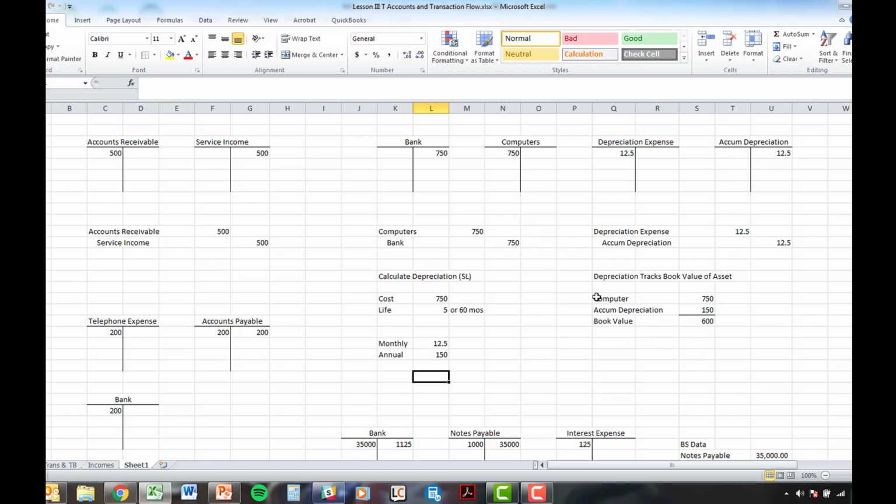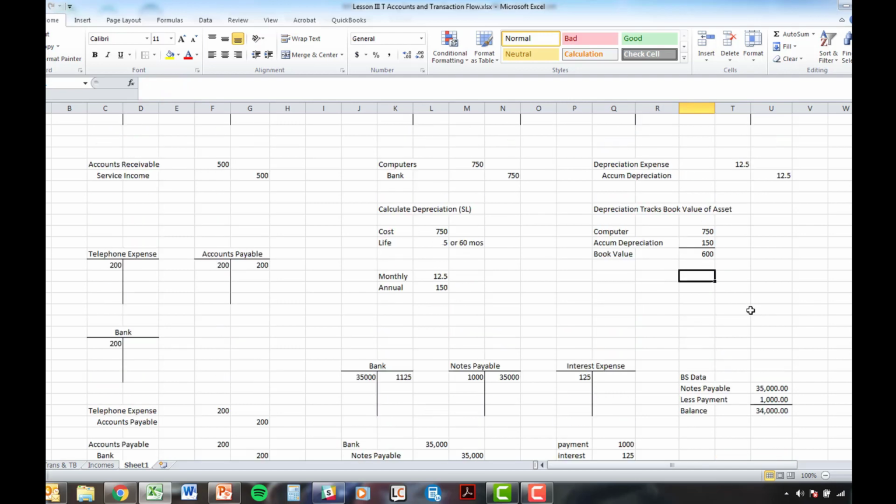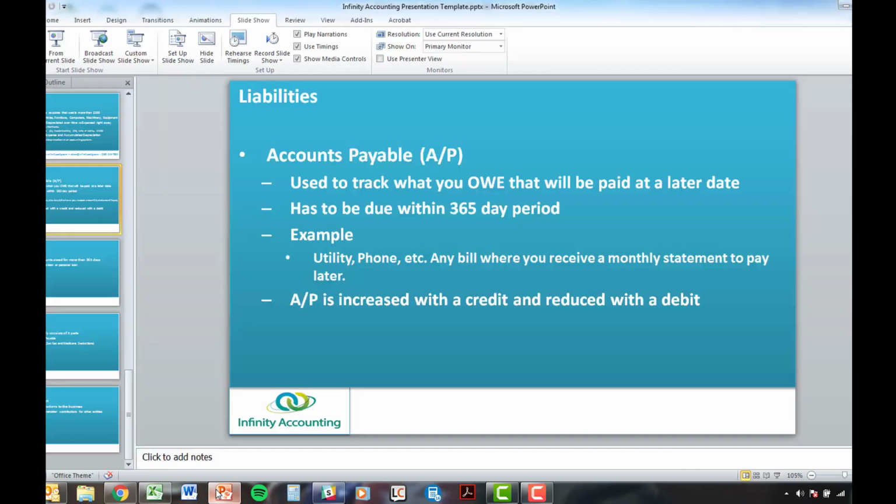So on the balance sheet, you'll have your computer here for $750, and below that you'll have your accumulated depreciation. For a 12-month calendar year, you've depreciated $150 of it, so your book value for that asset would be $600.